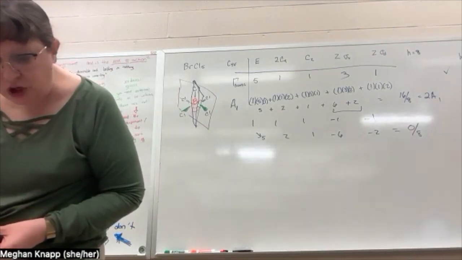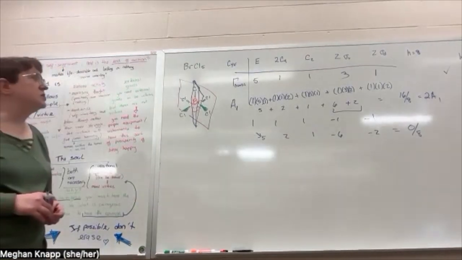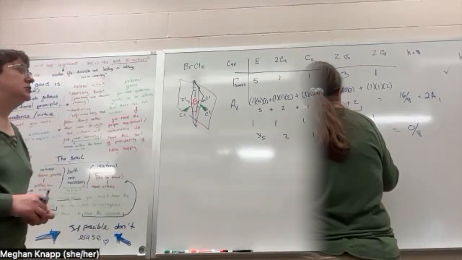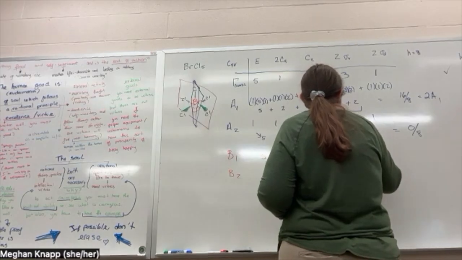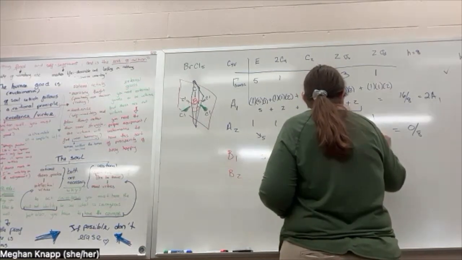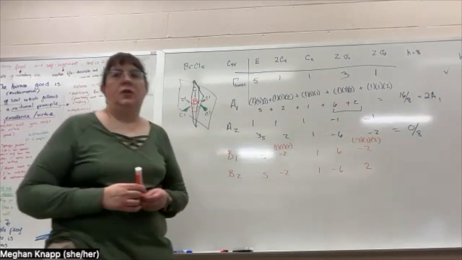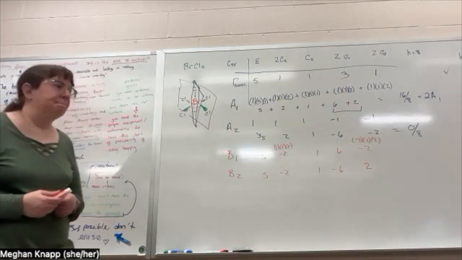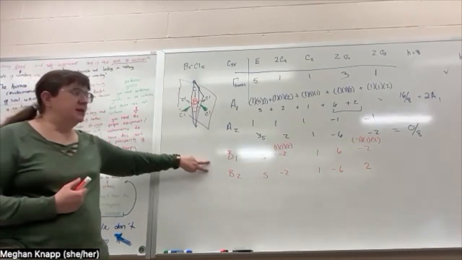All right, so take a look at the B groups, see what you come up with for the B groups. All right. So those of you that have finished, are you coming up with these numbers?